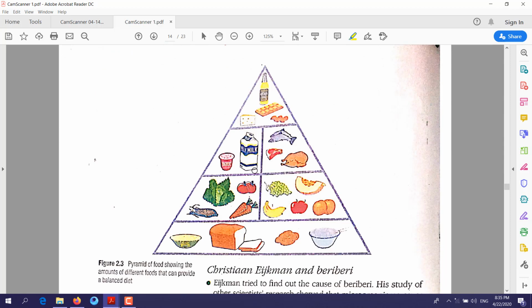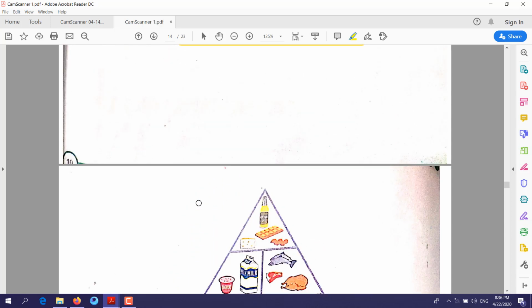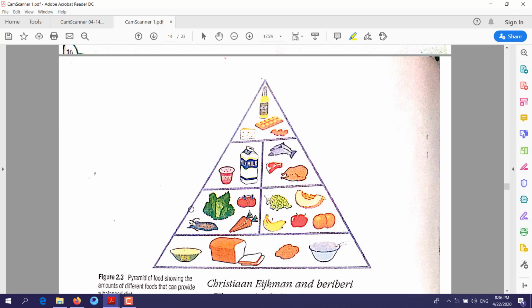This pyramid shows different kinds of foods. And as you can see here, when we talk about a balanced diet, it means you should get the nutrients in specific amounts.